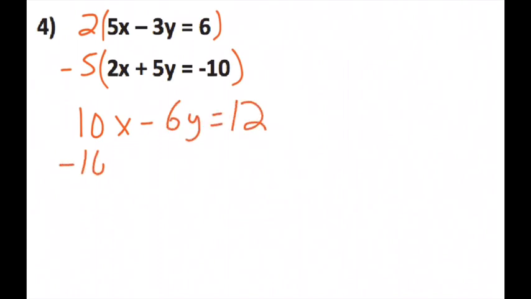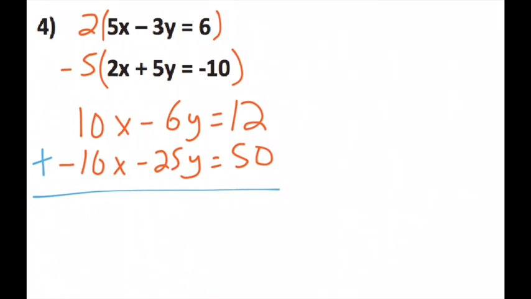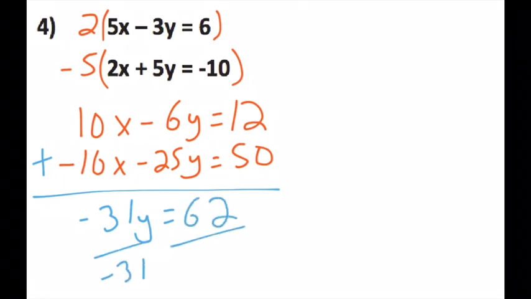And then negative 10x minus 25y equals a positive 50. When I add these together, I get negative 31y equals 62, sorry about that. Divide both sides by a negative 31, and y equals a negative 2.